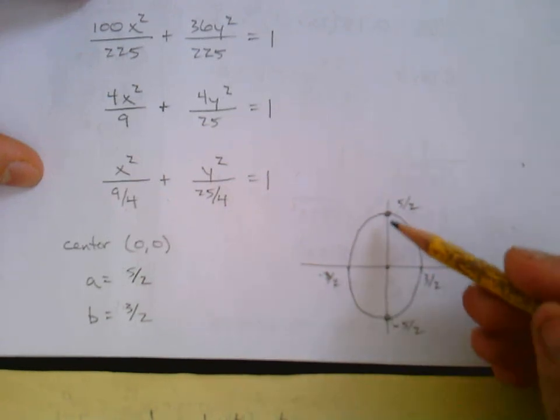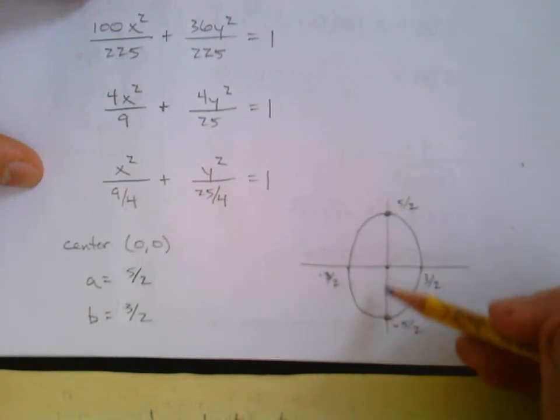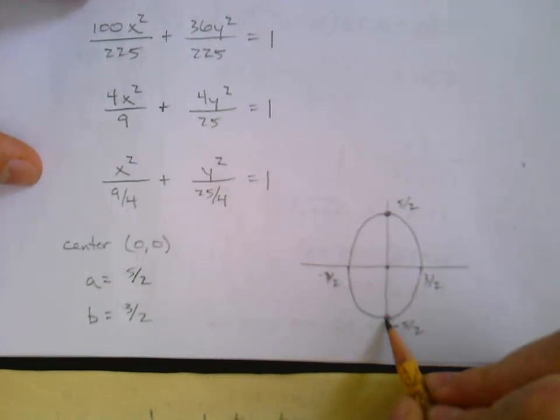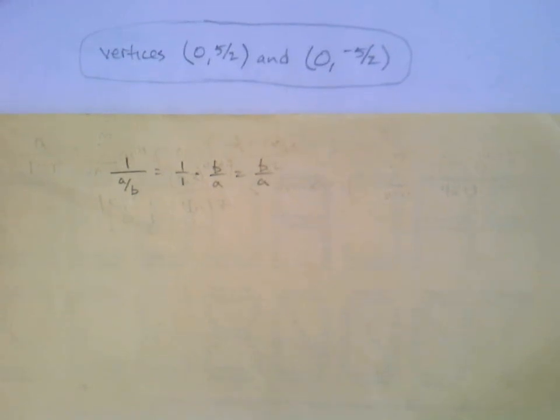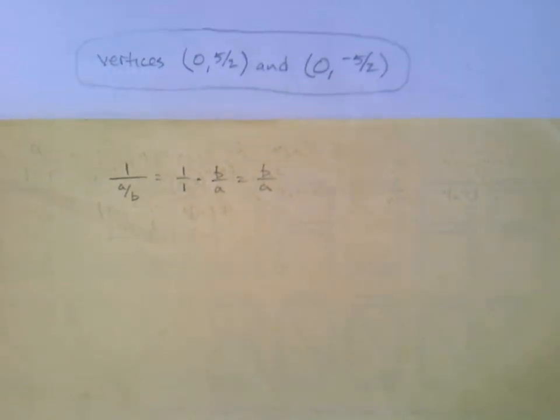They're always on the longer axis, we call it the major axis. So we can just go ahead and state that: the vertices are at 0, 5 over 2 and 0, negative 5 over 2.